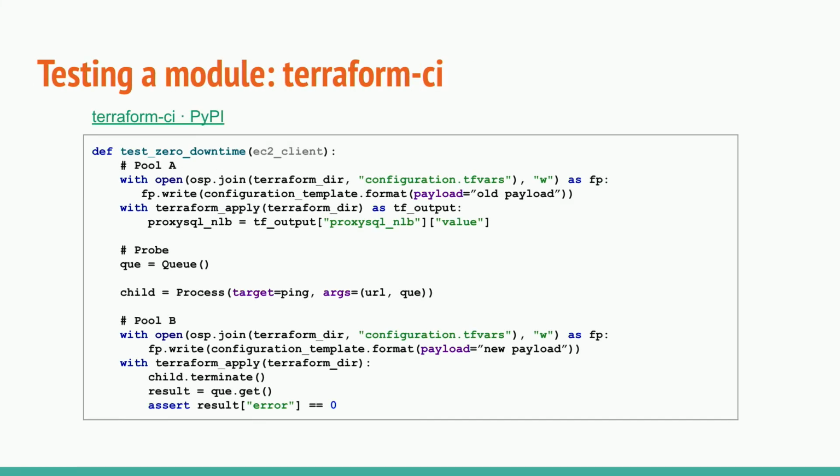And this is how it looks like in the Python code. This is PyTest. I don't know if you're familiar with it. It's a framework to run Python tests, but you can use it for anything, basically. I use it for Terraform.